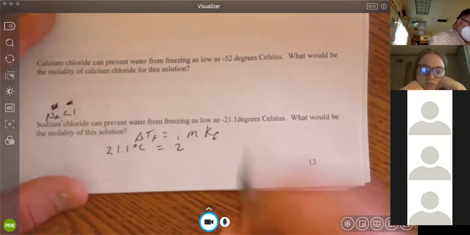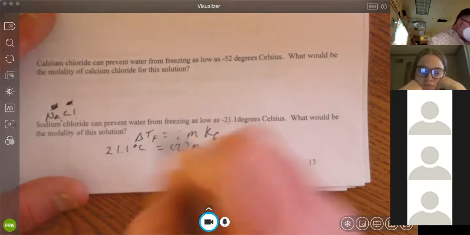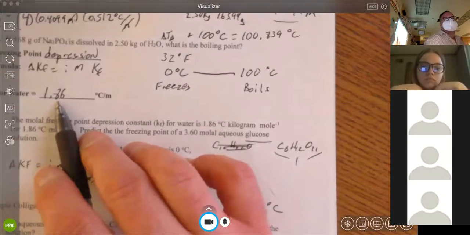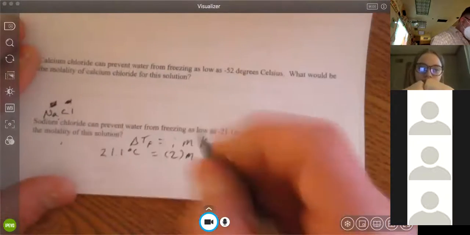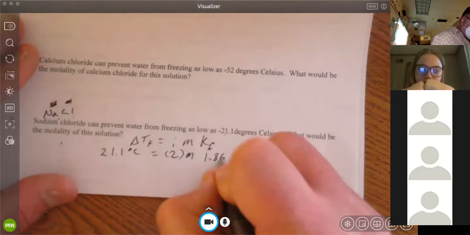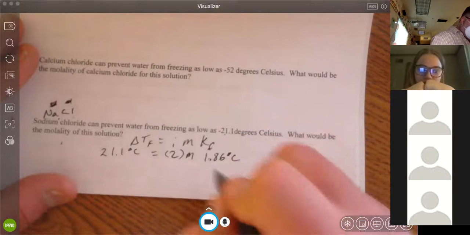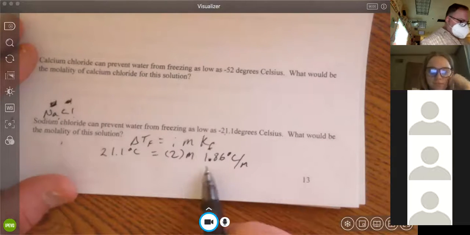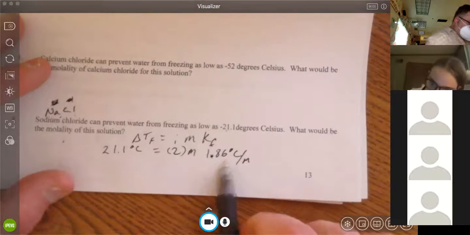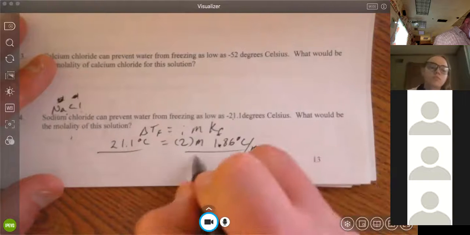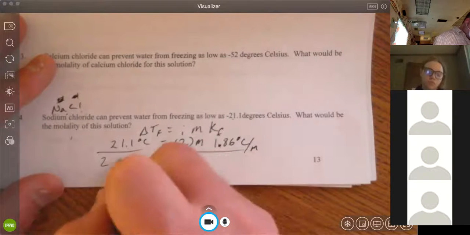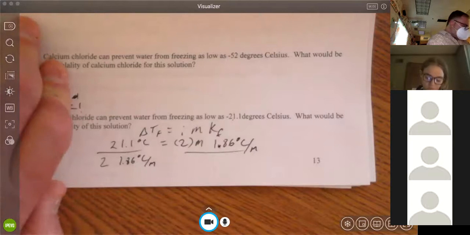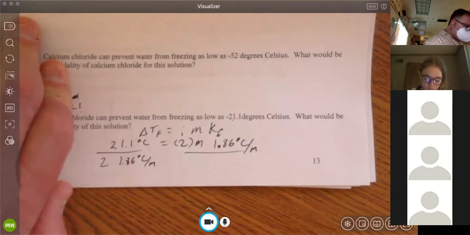What is my molality? Well, as the problem says, that is what I want to figure out. What is the Kf? That is this constant, 1.86 degrees Celsius per molal. So I need to divide both sides by 2 and by 1.86 degrees Celsius per molal. 21.1 divided by 2 divided by 1.86.